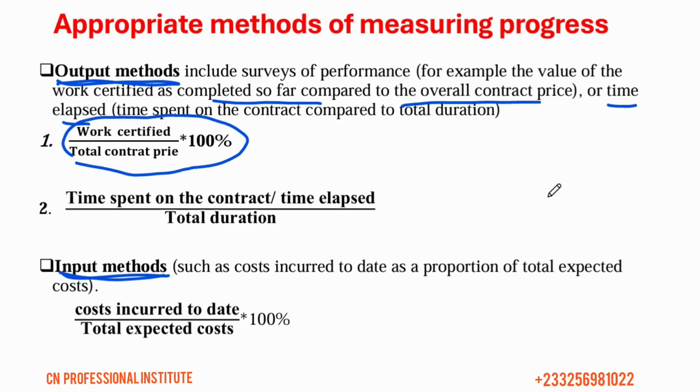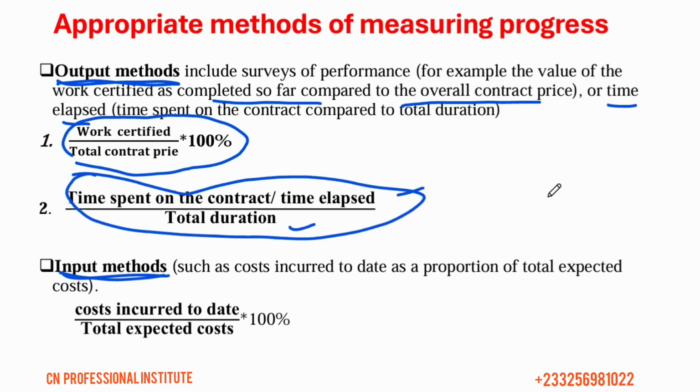It is like the value of work that you think you've done out of the total contract price. So with the output method, we pick work certified over total contract price by 100. Or we can use the time, the duration. If the duration is 5 years and you are now in the first year, it will be 1/5. So pick your time spent on the contract divided by the total duration, also by 100.